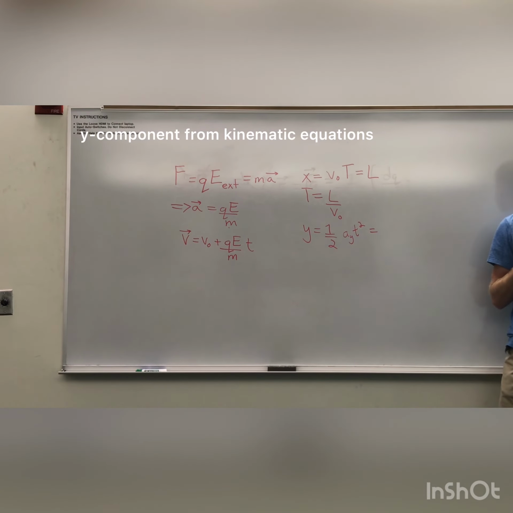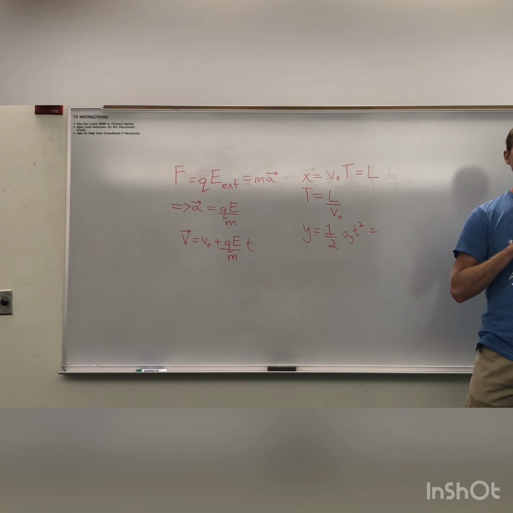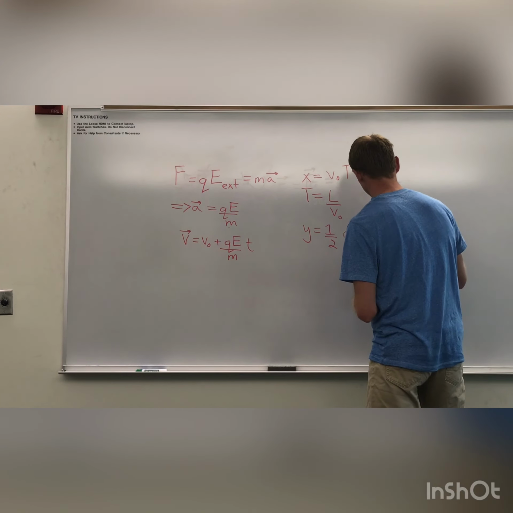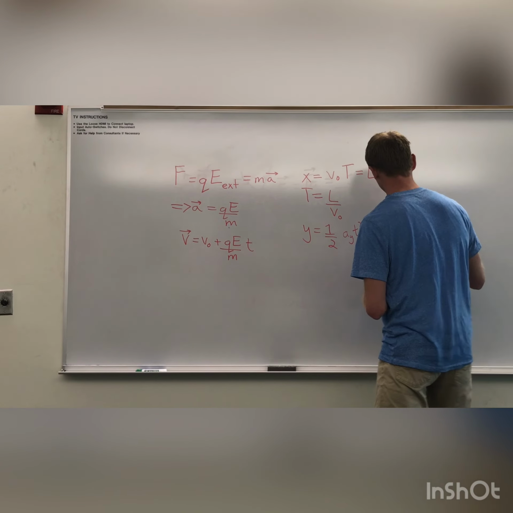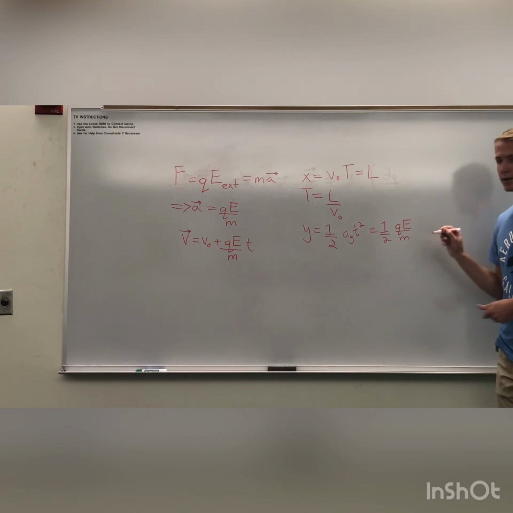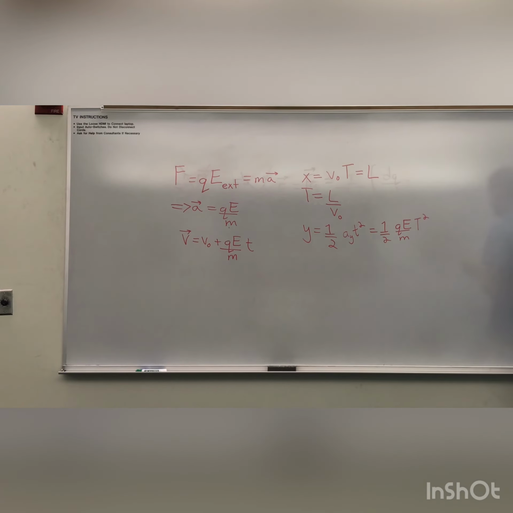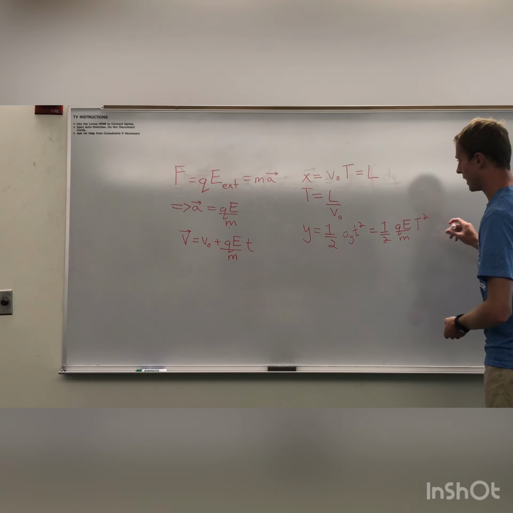And this is going to give us, if we plug in our y component of acceleration, 1/2 Q E over m t squared. So we have our time t squared right here. And then we can substitute in for t our L over v naught.